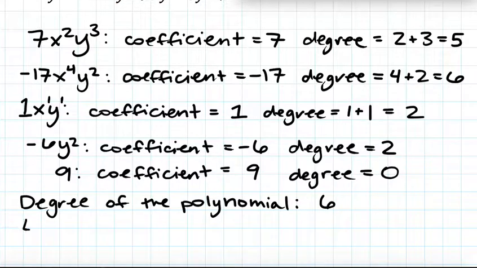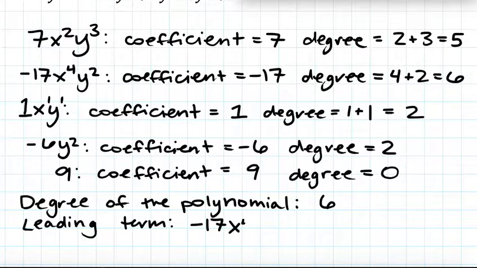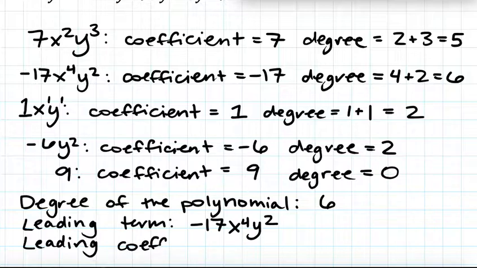My leading term is the term that has 6 for a degree. So looking back up here, 6 for the degree, that's the term negative 17 x to the fourth y squared. So that whole thing is the leading term. The leading coefficient is just the number in front in my leading term, so that's going to be negative 17.